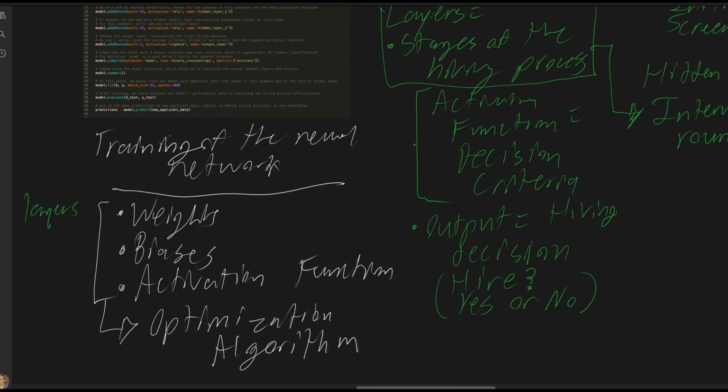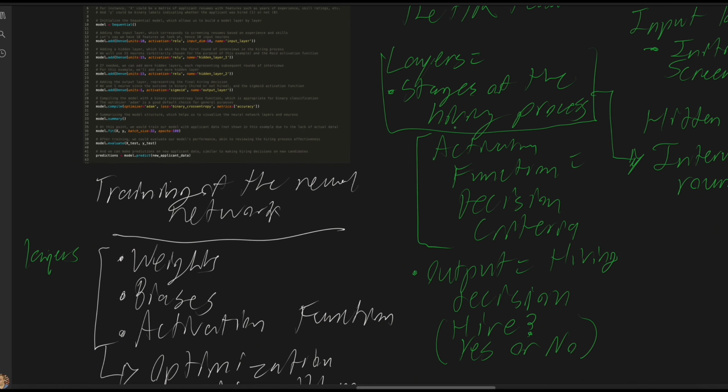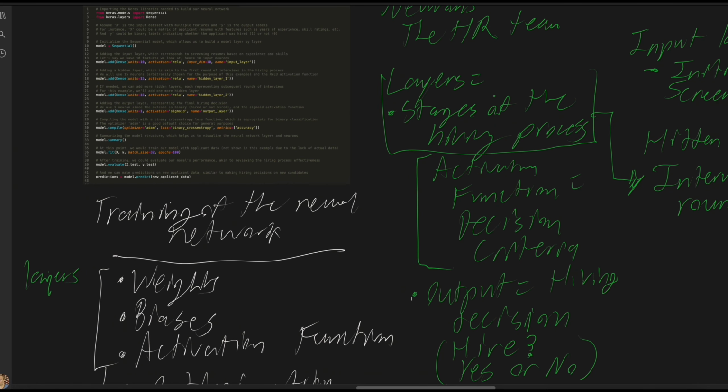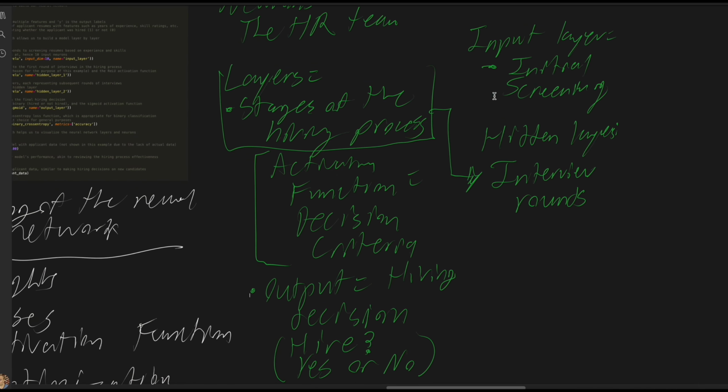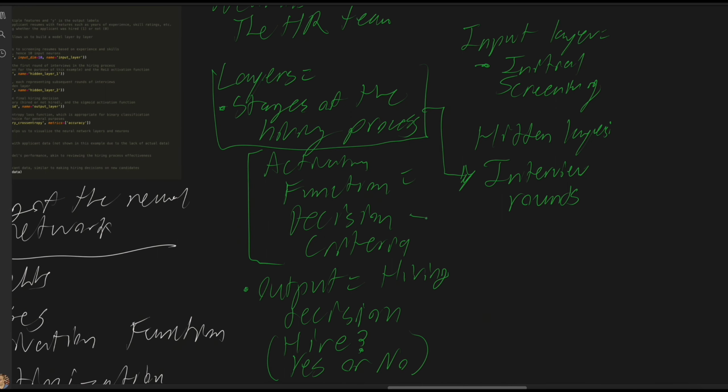And at each stage, certain criteria must be met for a candidate to proceed, like the activation function determines if a neuron signal should pass to the next layer.